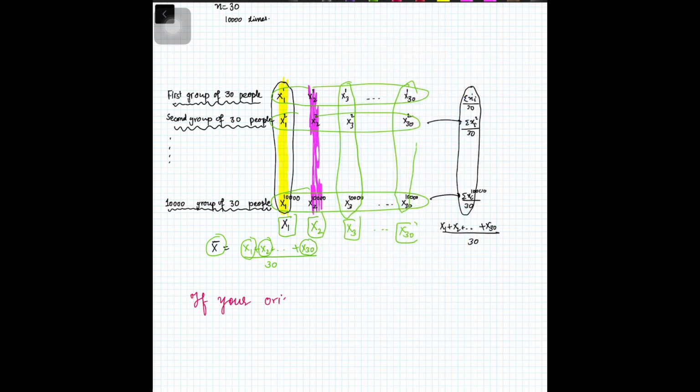Now if your original population is normally distributed, that means this x1, which is just the numbers you have taken from that population, is also normally distributed with the same mu and the same variance or standard deviation.